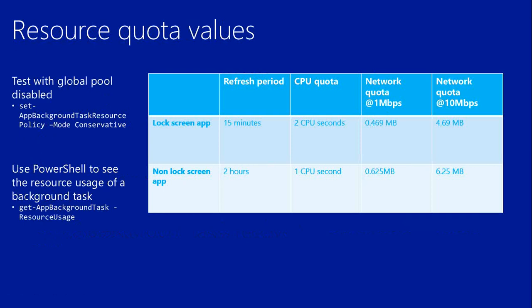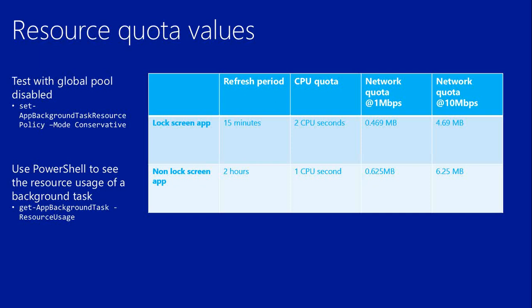However, I want to take your attention to the left hand side, which says use PowerShell to check the resource usage of your background task. And second, test with global pool disabled. Before you submit your application for store certification, it's a good idea to use the PowerShell command to see exactly how much resource your background task is consuming, whether it is appropriate or not, and whether you can reduce it in some way.